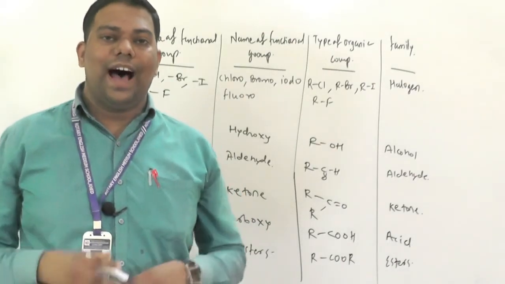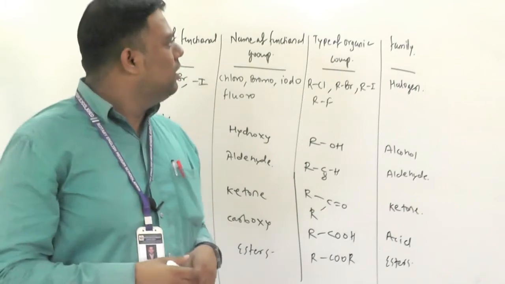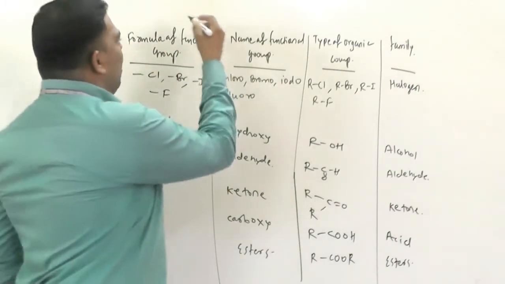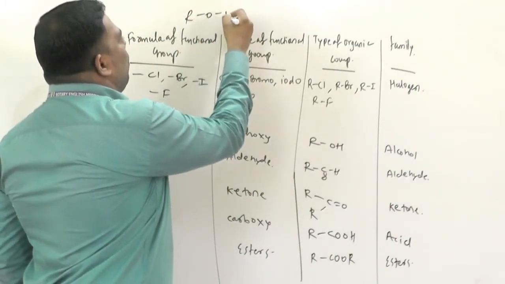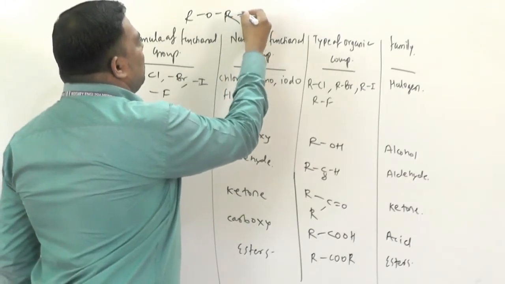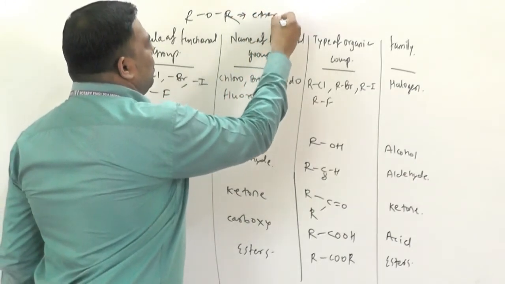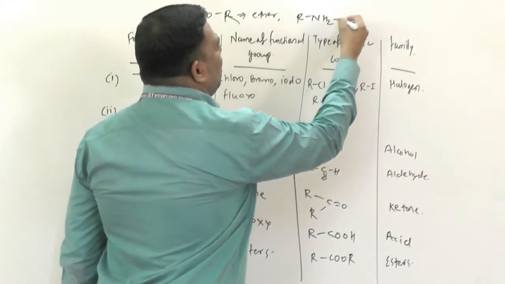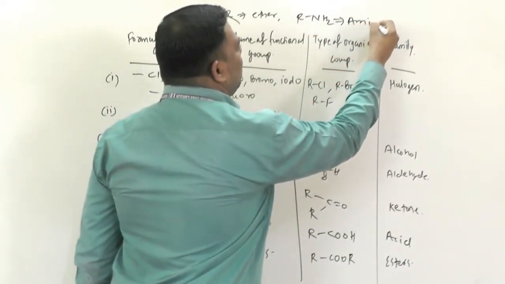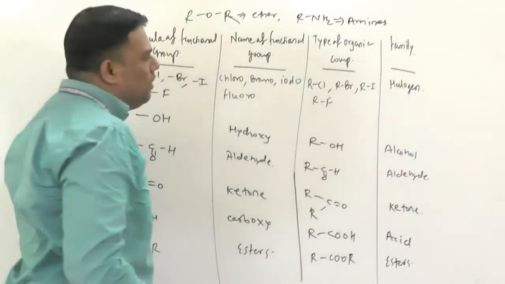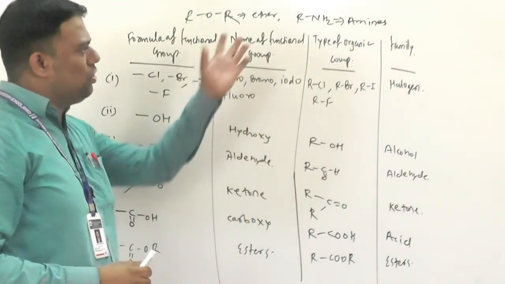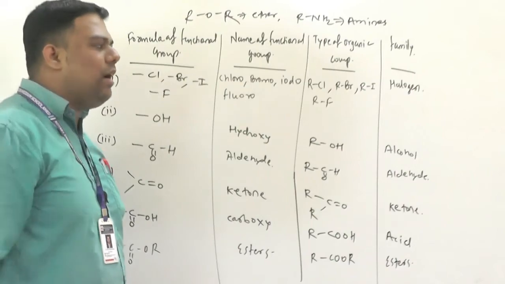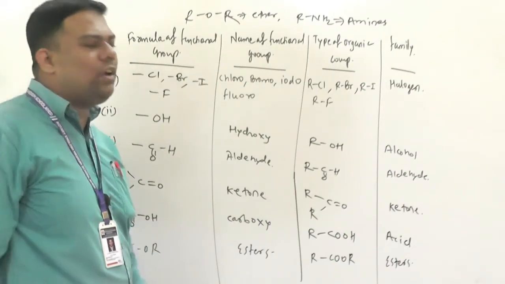Ether is also there: ROR is ether. Then amine is also there: RNH2 is amines. So other functional groups are also present. Some are for higher standard, some are for your 10th standard.